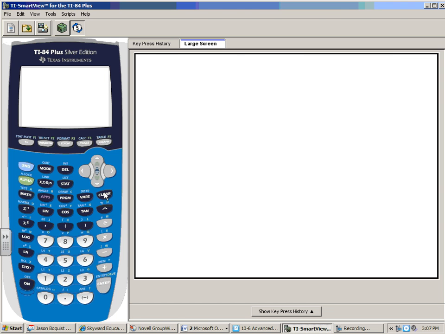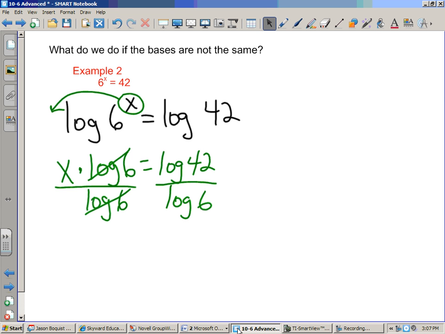Now, this may annoy you a little bit, but I had to prove to you that what you were just doing on the 10-5 worksheet on the back actually works. Because this is the algebra you would do. If you remember, this is exponential form. Can you rewrite that in logarithmic form for me?